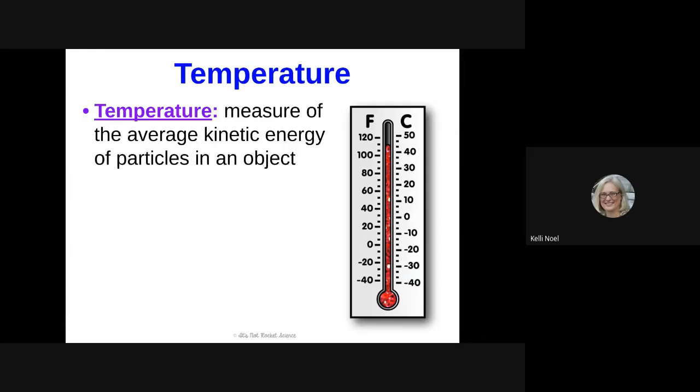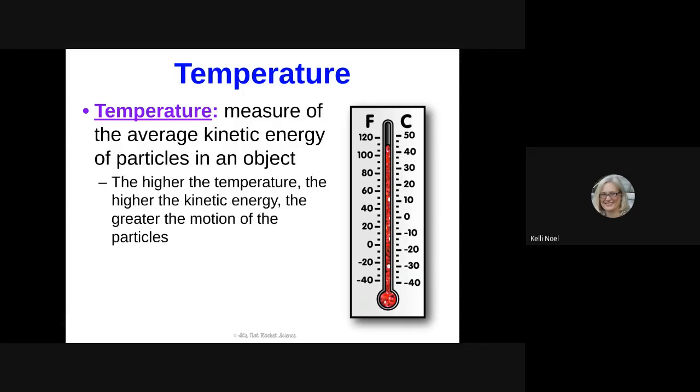All right, so temperature. This is how we measure this kinetic energy. We think of temperature as just how hot or cold something is, but in scientific terms, it is actually the average kinetic energy of the particles. So if we would take the kinetic energy of every particle that is in a substance and average it together, that is temperature. And so we use a thermometer to measure this.